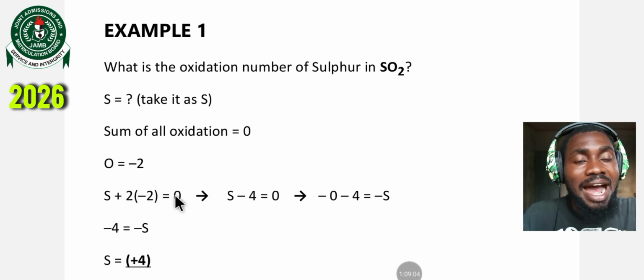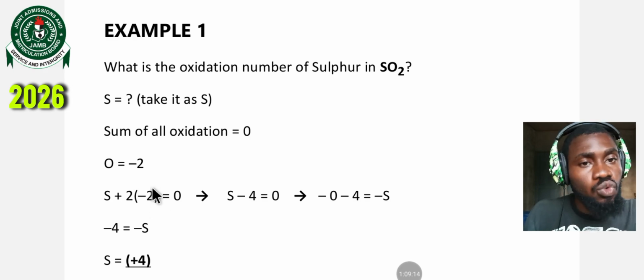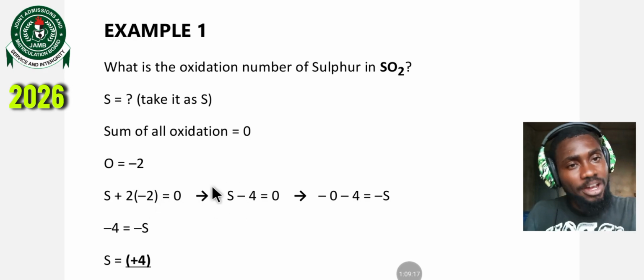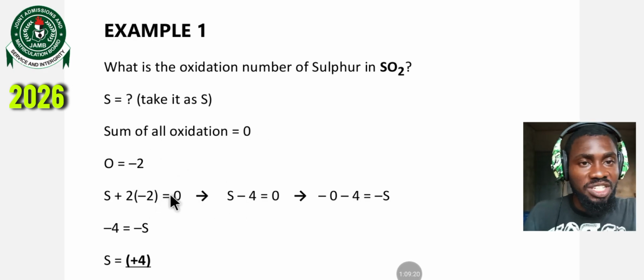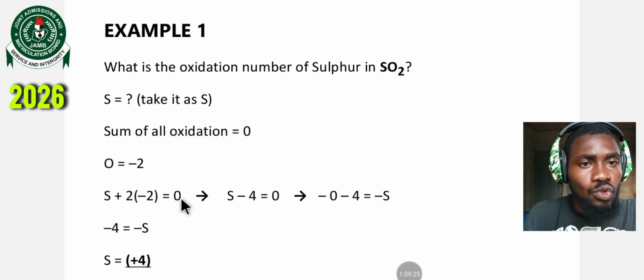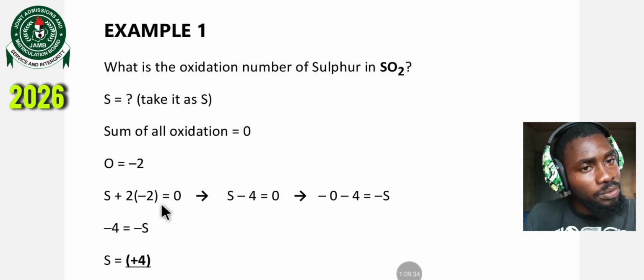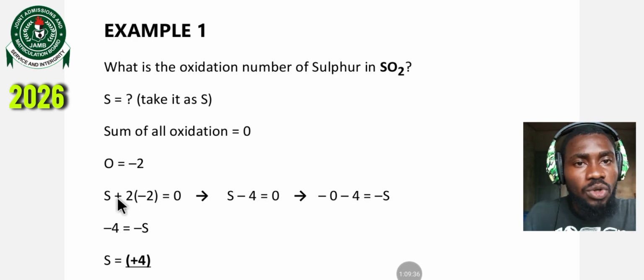How much charge does oxygen have? -2. So bracket open, -2, bracket close, equal to 0, the sum of all oxidation numbers. Solving this, we multiply 2 by -2, which gives us S minus 4. 2 times -2 will give you -4. Minus times plus, minus.